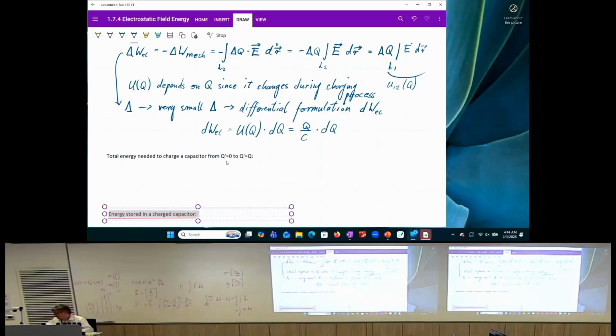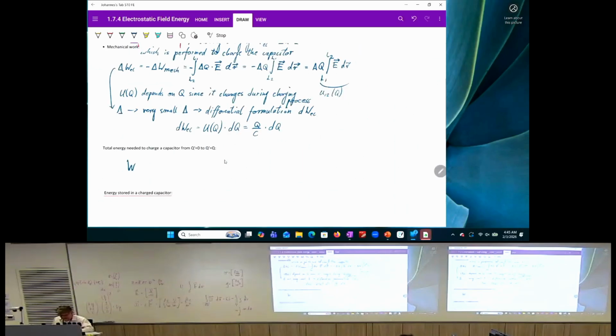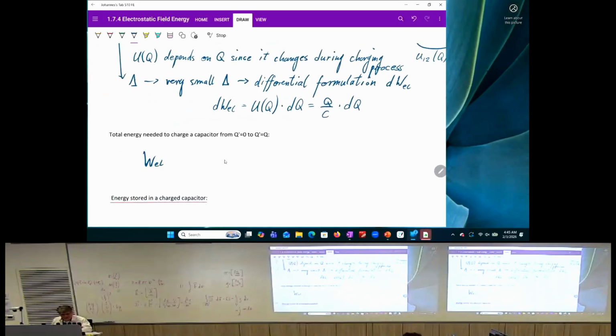We have to see what kind of contribution to energy we get as we integrate the charge from 0 to Q. So the electric energy that we have to put in is integrating from 0 to Q over the differential element of the electric energy, and that we insert from above.